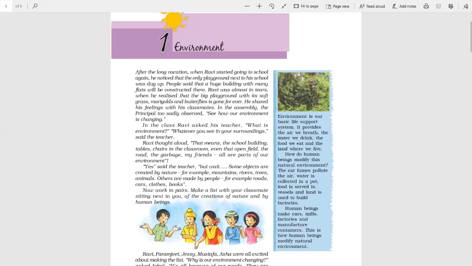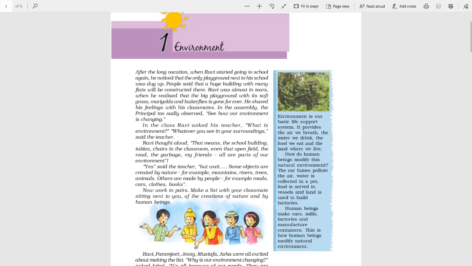"Yes," said the teacher. "But wait, some objects are created by nature, for example mountains, rivers, trees, animals. Others are made by people, for example road, cars, clothes, and books.